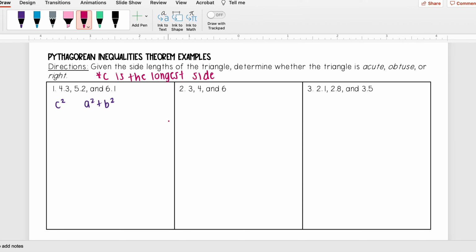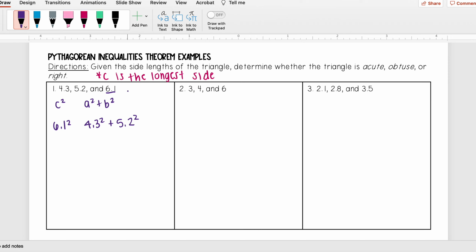The other two, it doesn't matter which one you assign as a or b. So here my longest side is 6.1, so that means that 6.1 needs to be on the left. So I'm going to see what 6.1 squared is compared to 4.3 squared plus 5.2 squared.